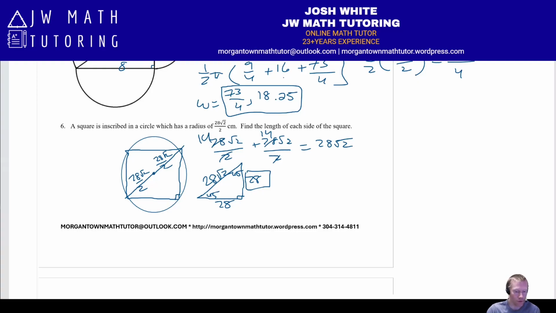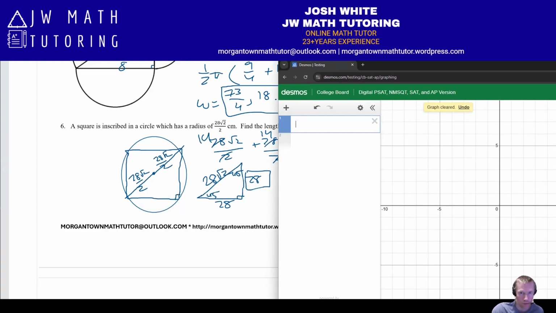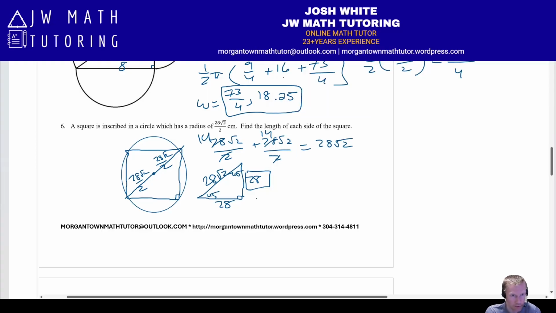However, if you don't remember the special relationship, but you recognize that for a square all sides have to be the same, you can just do Pythagorean theorem, and say a squared plus a squared, set up a regression, and then over here we'll put the 28 square root 2 quantity squared. And it just tells us right away, okay, a has to be 28. That's our correct answer, so that's how you could get it by using Pythagorean theorem and Desmos.